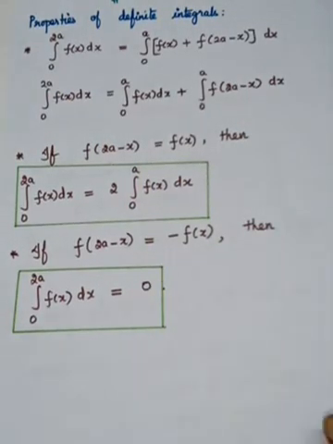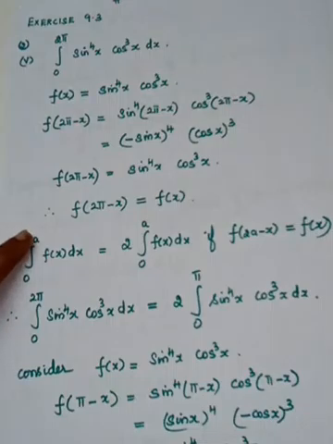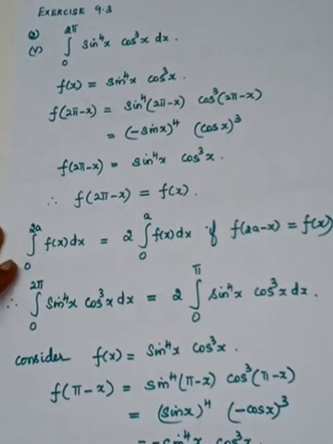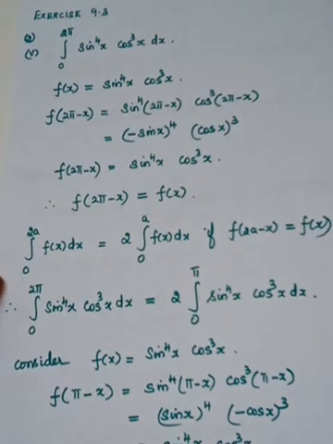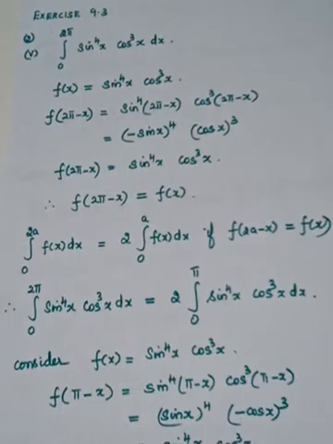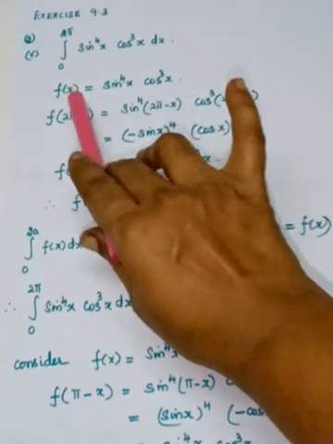Okay, so using this, we are going to do the problem from exercise 9.3, problem number 2, fifth subdivision: integral 0 to 2 pi sine power 4x cos cube x dx. See that first I have taken f of x.